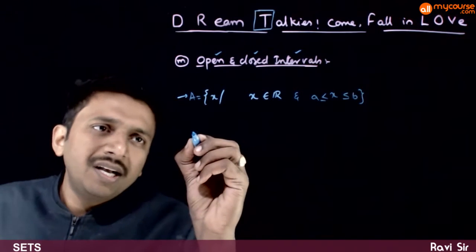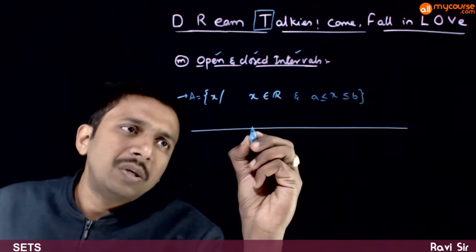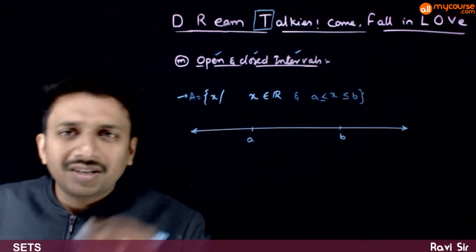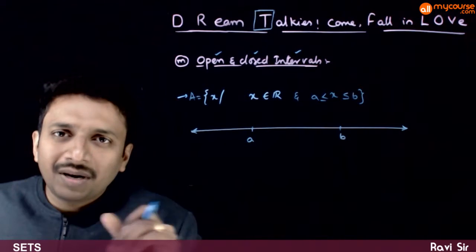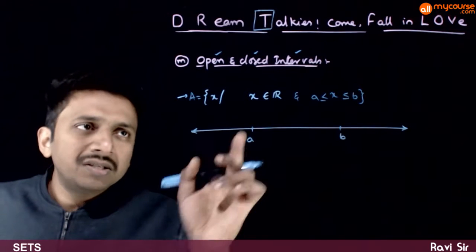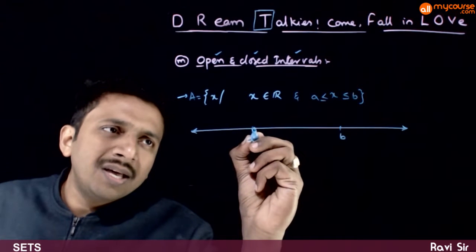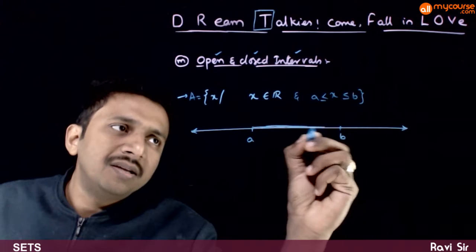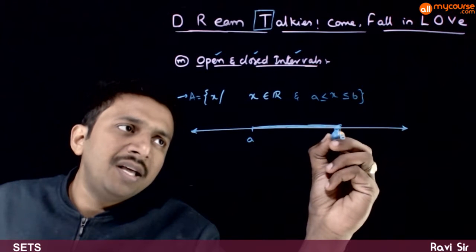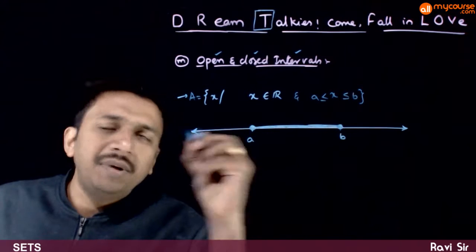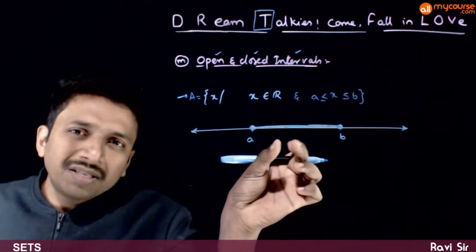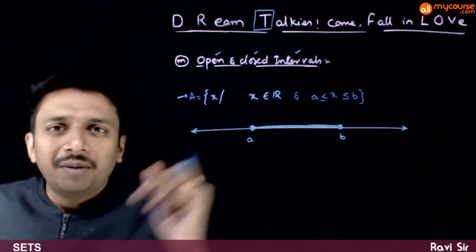That is, if you take a real line, you know what real number line is, and on that real number line you have two numbers a and b. So I want to denote all the numbers in between a and b, including a and b.